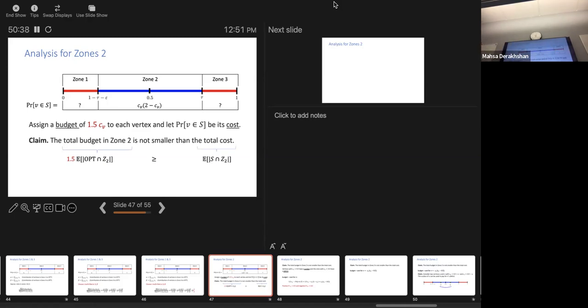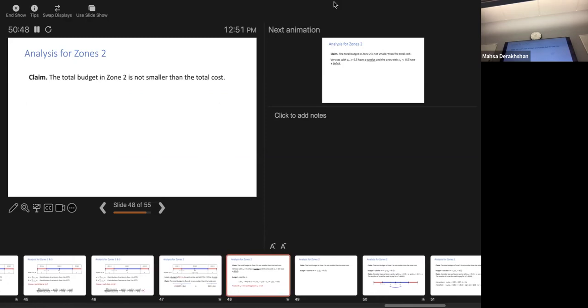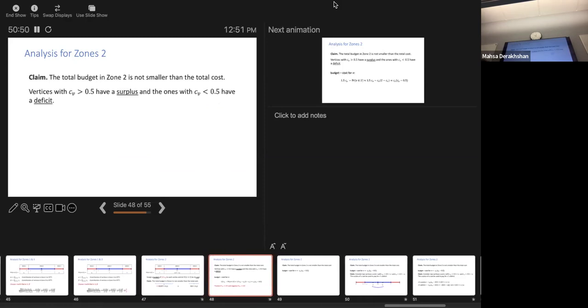So now our claim is that we can use the total budget of zone 2 to pay for its total cost. Some of the vertices may have a larger cost compared to their budget, some may have smaller. We'll see about that. If a vertex has CV larger than half, it will have a surplus. Its budget will be larger than its cost. And if it has CV smaller than half, we have a deficit; its cost will be larger.